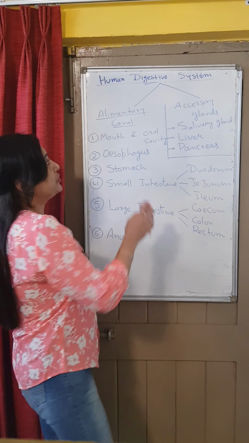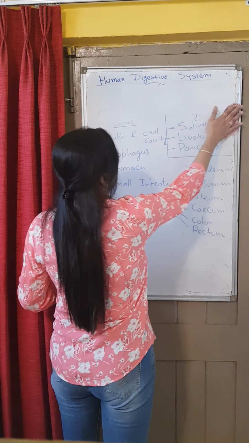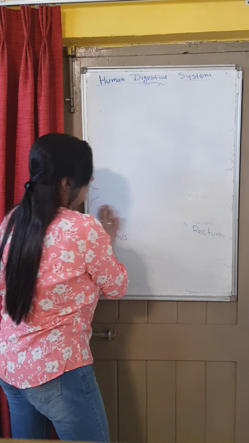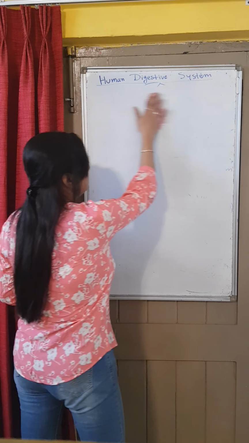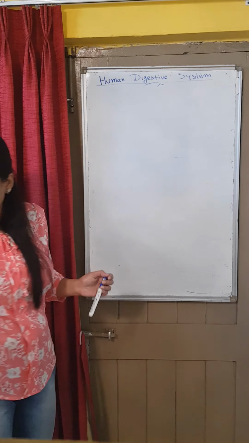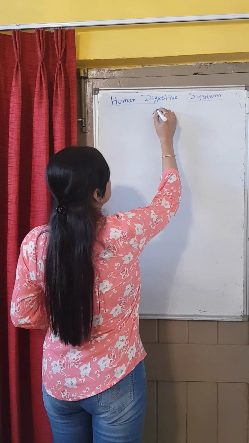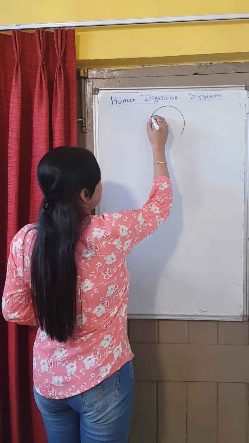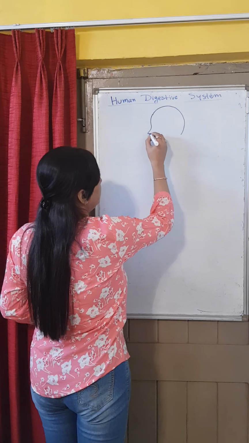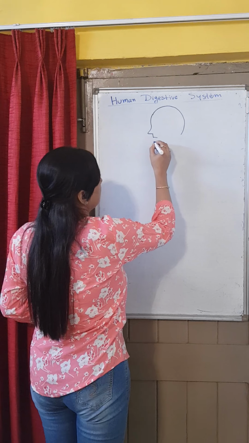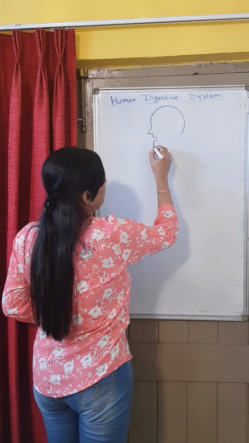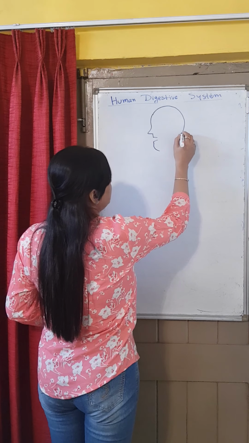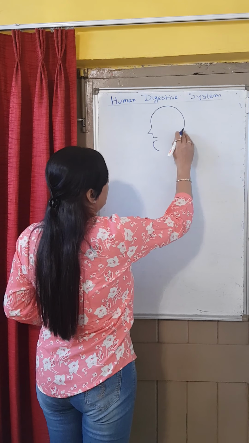Now we will learn to draw the digestive system. First we will draw an outline of human. This will help us to know the exact location of the body parts.